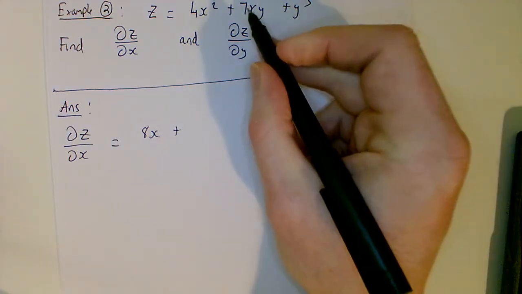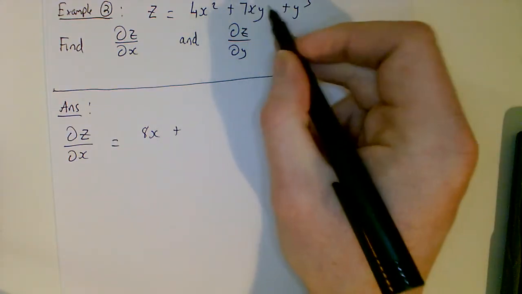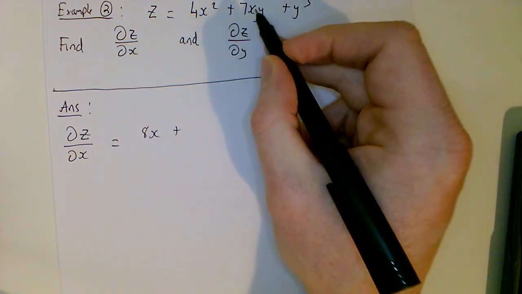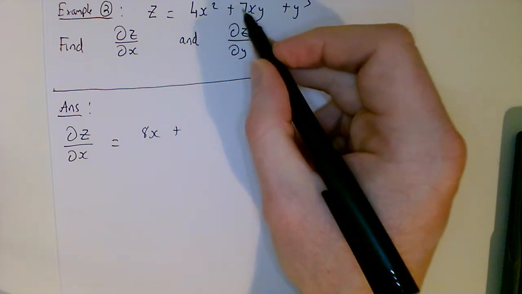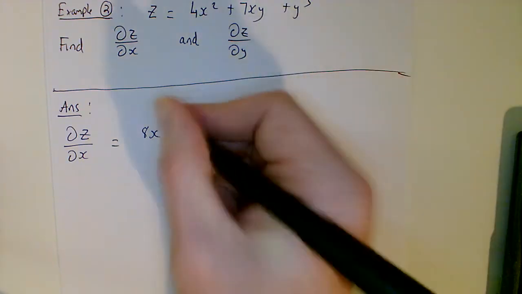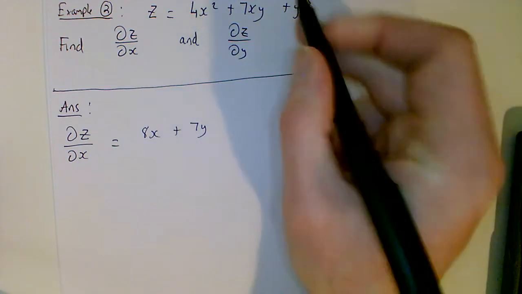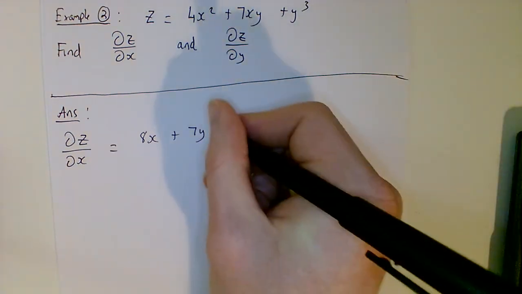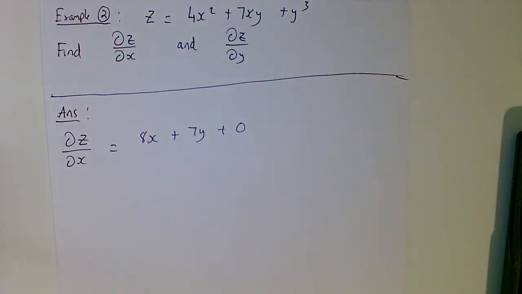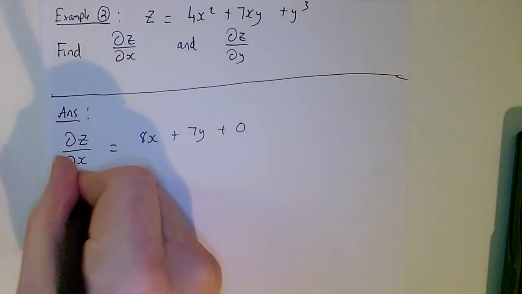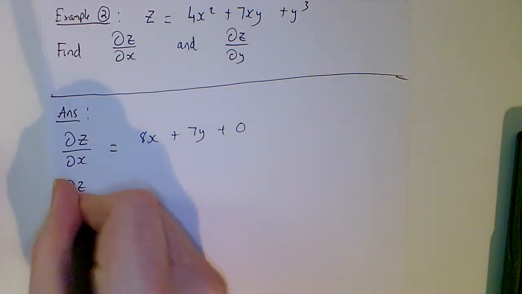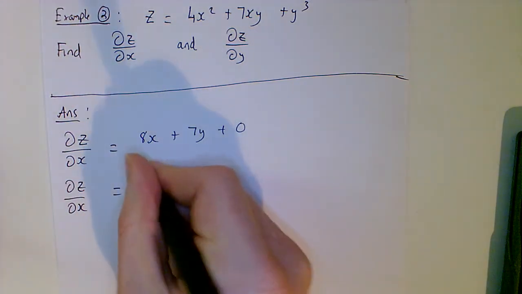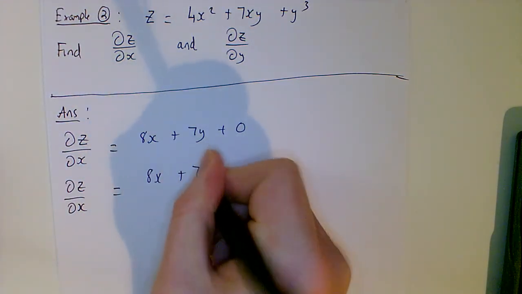If I differentiate the x, it just becomes 1, and remember, these are both constants, so that's just going to be 7y. That's just a y by itself, y cubed, so that becomes 0. So dz by dx is 8x plus 7y.